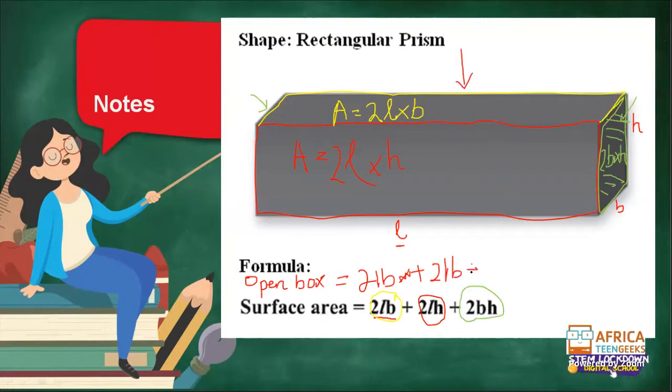Now, because it's open, there's only one side. Remember, you only calculate the areas that you can see and touch. If it's open, you cannot touch it. It's not there. So plus just one breadth times height. So that should be the formula of an open box, basically.